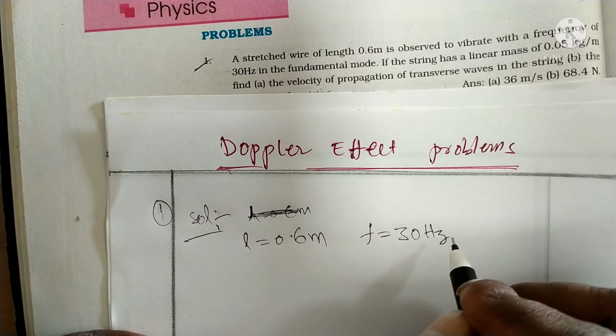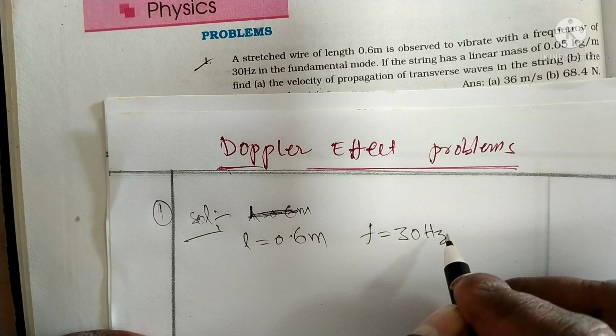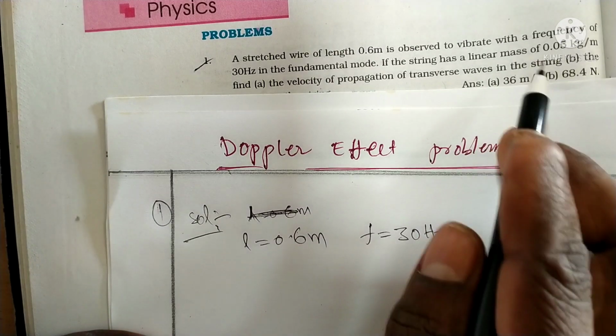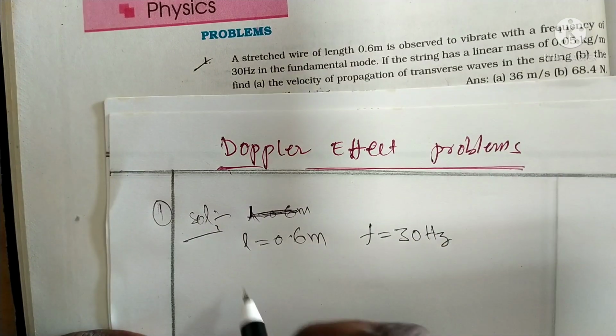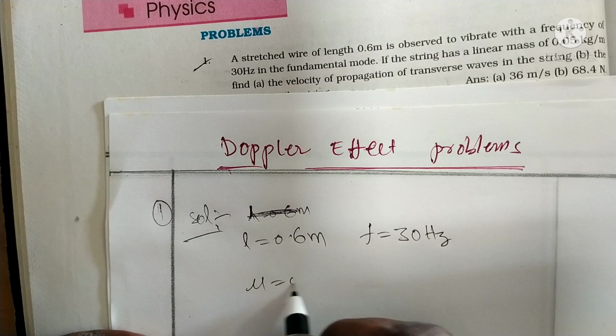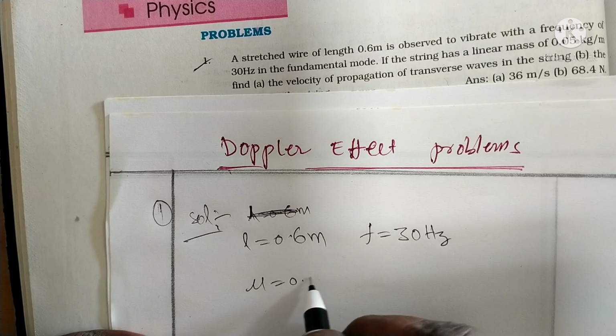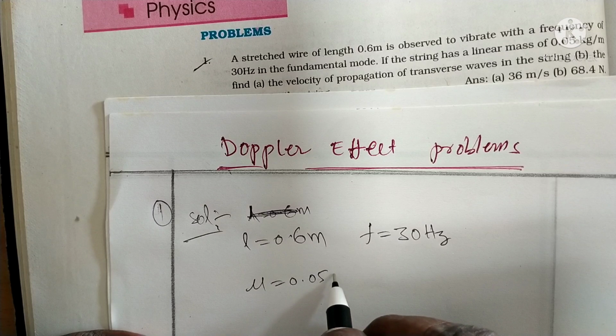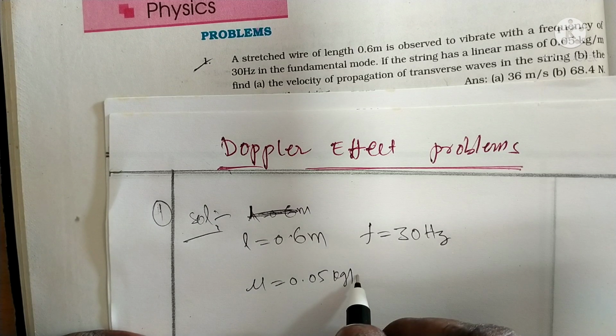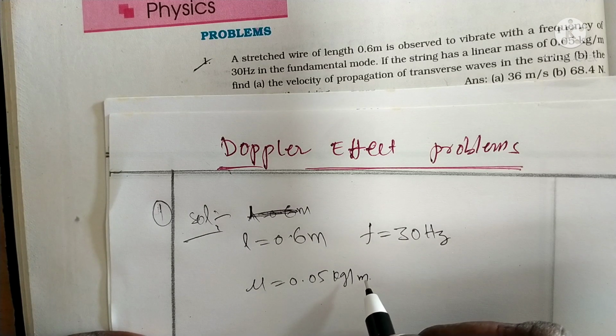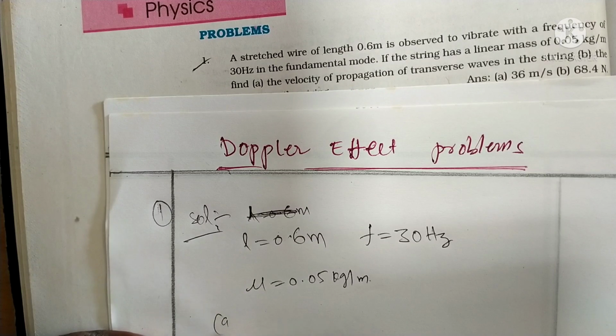Next, linear mass density, that is mu, is equal to 0.05 kg per meter.